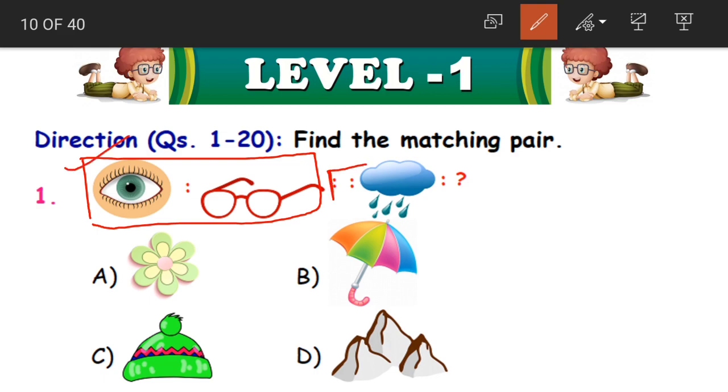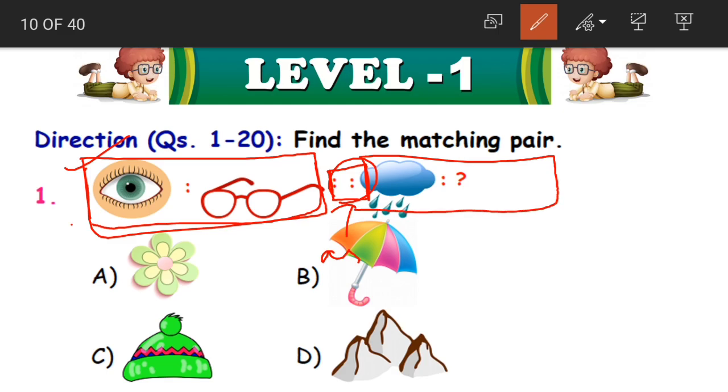These four dots separate our pairs, children. Before that we have one pair, and after that we have one pair. Always in the question, one pair will be complete and the other will be incomplete. So based on the relationship between the first pair, the same relation is to be applied to the second pair to find out the missing one.